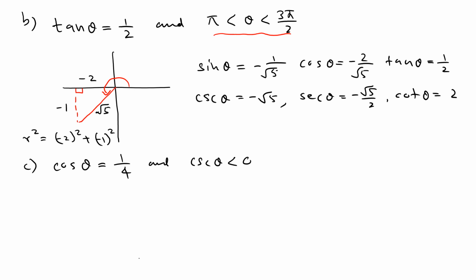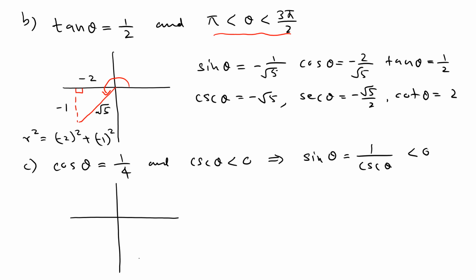So using that information, cosine theta positive and cosecant negative means that sine theta is negative, because sine theta is 1 over cosecant theta. So sine negative, cosine positive means the angle is in the fourth quadrant. So that's what we figured out. The angle is in the fourth quadrant.